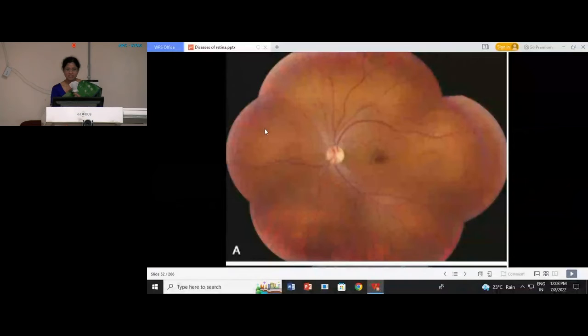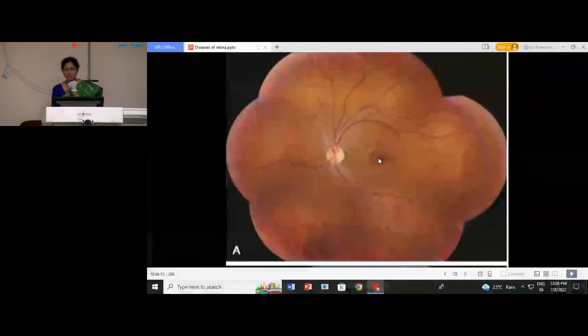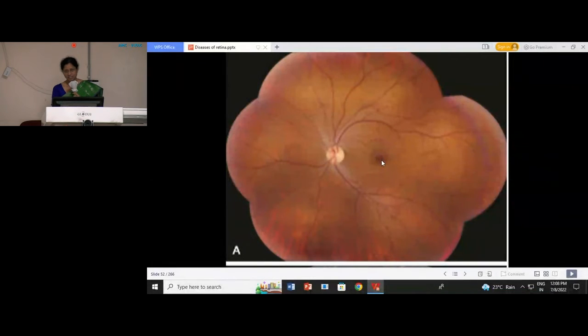Also, this point, around 5.5 millimeters of this area, is known as the macula. At the center of the macula we get a reflex known as the foveal reflex. This macular area is very essential for visual acuity. So this is the normal fundus.